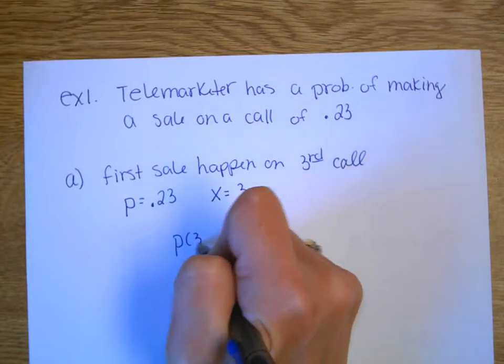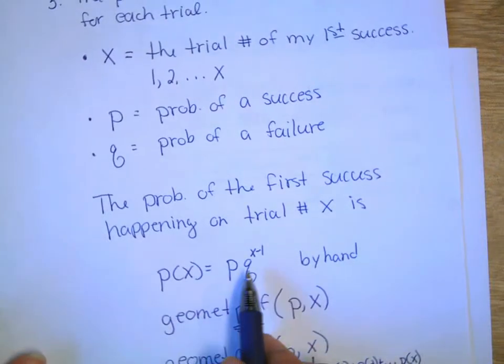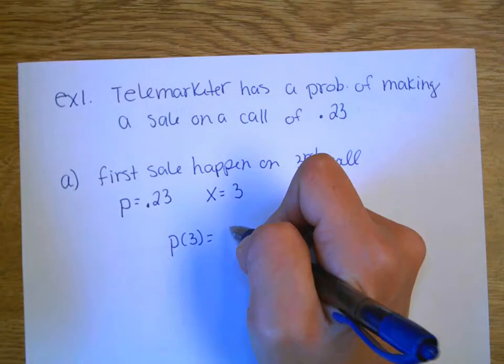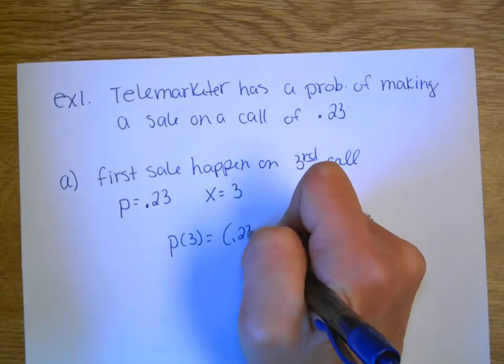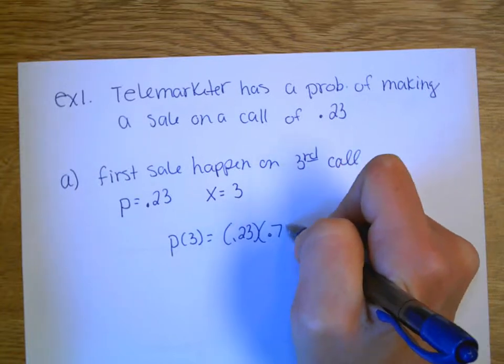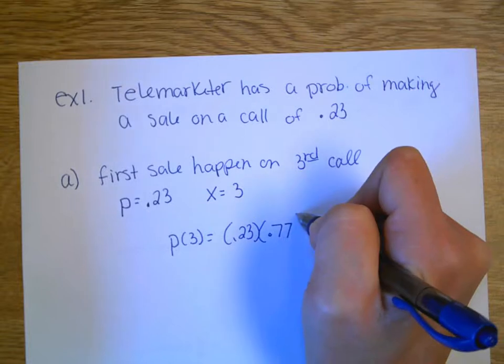So P of 3, according to the by hand formula, is the p-value times the q raised to the x minus 1. So what's my p-value? 0.23. What's the q value? 0.77 raised to the x minus 1. 2.